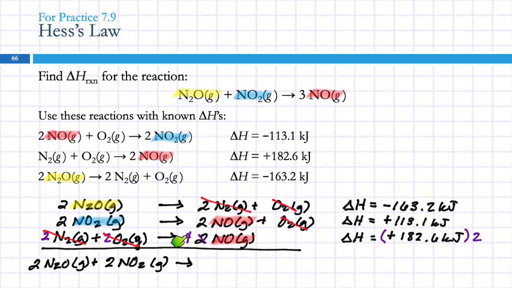Now, in the products, I have 4 NO's down here and 2 NO's up there, so that's 6 NO. Let's highlight those so we can see what they are a little better. So that's pretty close to this one, right? What's wrong?